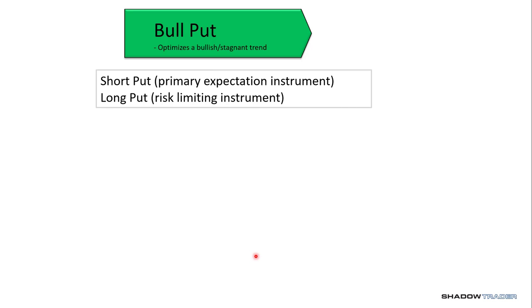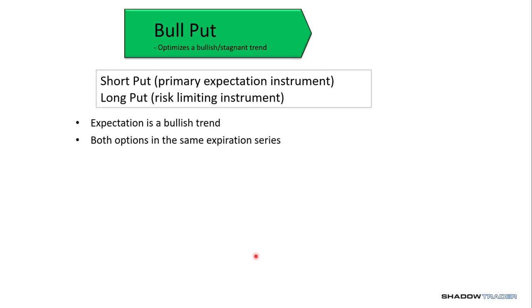Then we limit our risk by adding a long put. So the first instrument, the short put, is a sale; the second instrument, a long put, is a purchase. The expectation for the equity price movement is bullish. Both of these options are in the same expiration series.